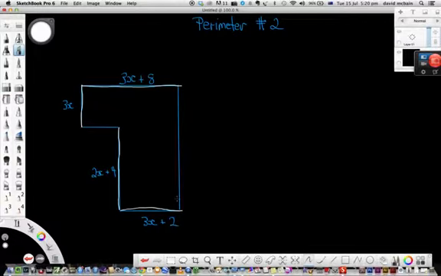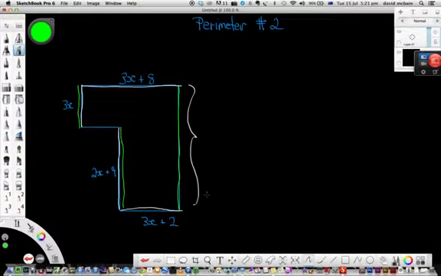We'll start with this long side over here. What you hopefully might notice is that this length from here to here is actually the same as this length plus this length. So that long green line is the same total length as that plus that. And we know that this one's 3x, and this one is 2x plus 4.